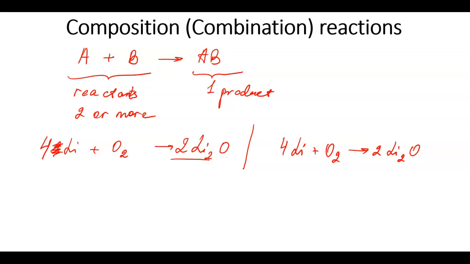So we have here the example of composition reactions, and you can see that two simple compounds, two pure substances, two elements react with each other, and a more complex substance is being formed, right?